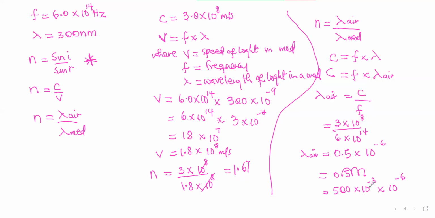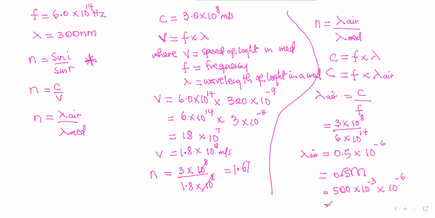This negative 3 is here because I shifted the position of the decimal place to the right 3 times, and that's how I got 500. So when I move it once, I have 5. When I move it twice, I have 50. When I move it thrice, I have 500, and that's why I have it here.